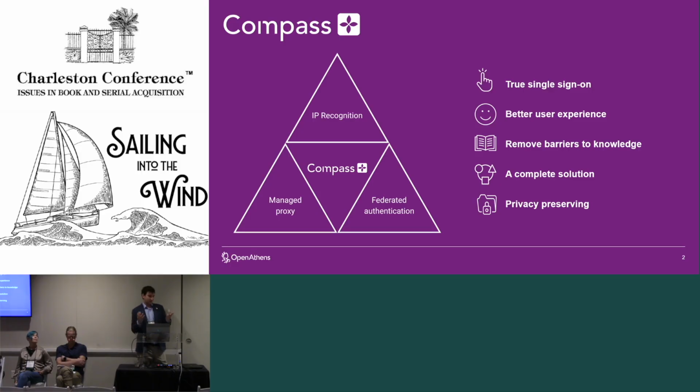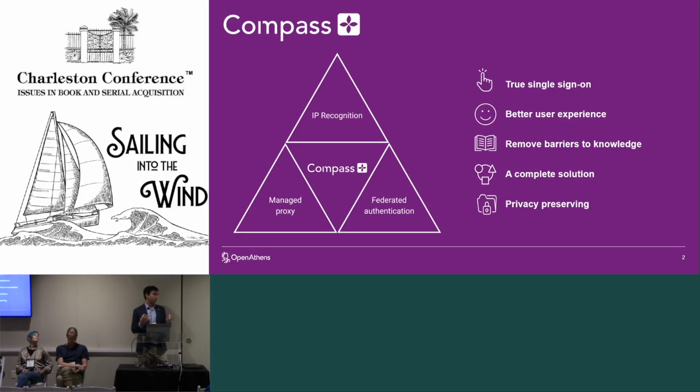So all of that has then built to OpenAthens Compass. If you aren't sure what Compass means, it is the brand name for the OpenAthens product that you would have heard about for the last 30 years as we've gone on. We now have the library product, and this one is called Compass. What's so unique about us is we are a blend of IP recognition, managed IP proxy, and federated authentication all in one product.